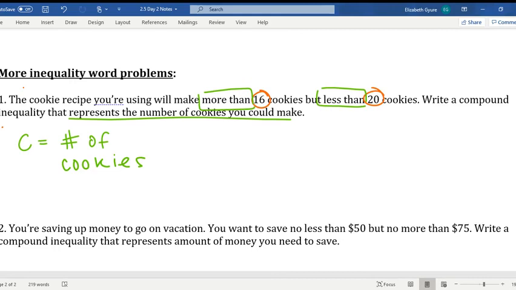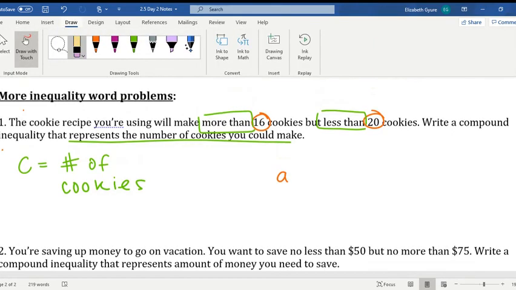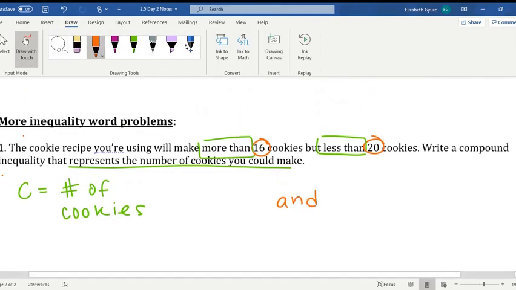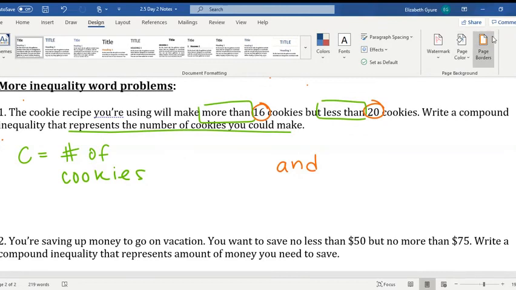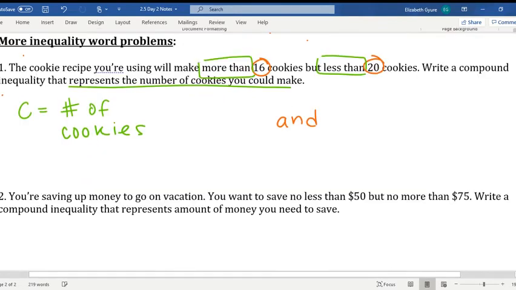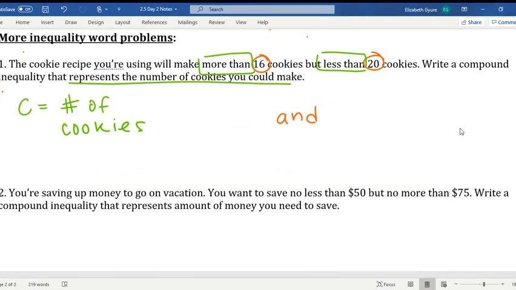So this is an and inequality, so I want you guys to write down your and. So write down your and. We're going to make more than 16 cookies. So how could I show that more than 16 cookies? What symbol would I use for more than?